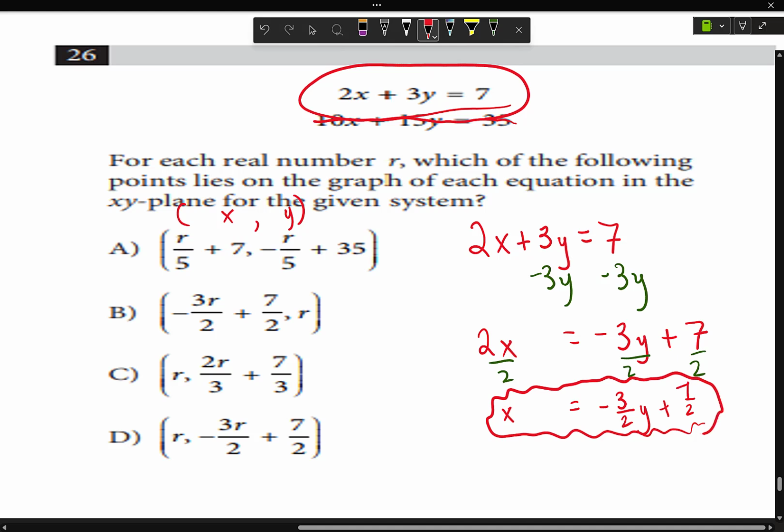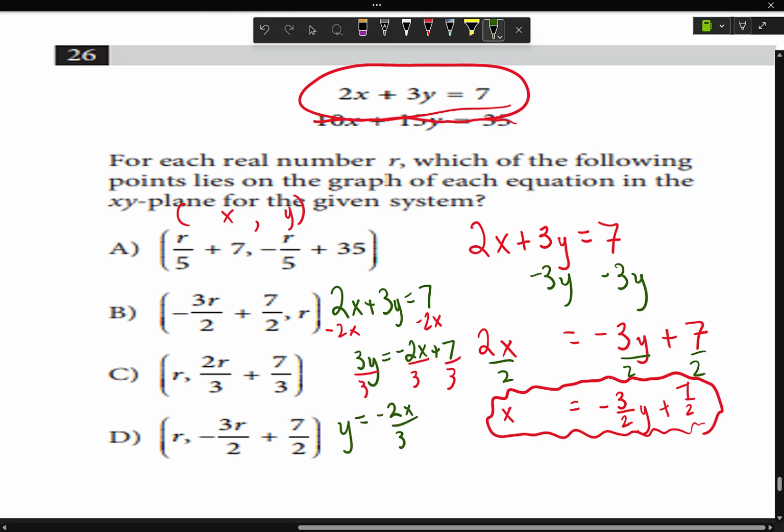All right, and now I'm going to solve the same equation for y. All right, so there are the two equations.